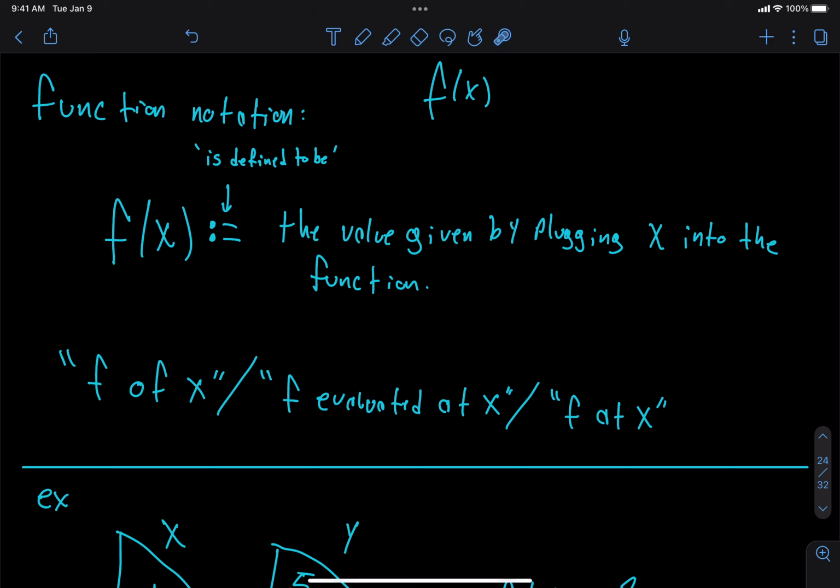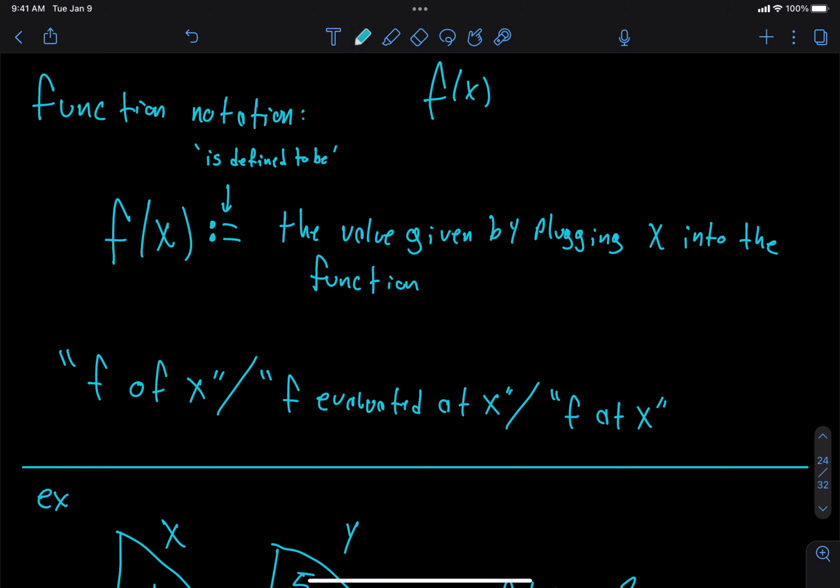So what I mean when I say notation is I'm going to show you what we write, and then I'm going to tell you what it means when I write that, okay? So this colon equals sign here is a mathematical symbol which we use to say is defined to be, okay? So when I write f of x, this is defined to be the value given by plugging x, the number x, into the function f.